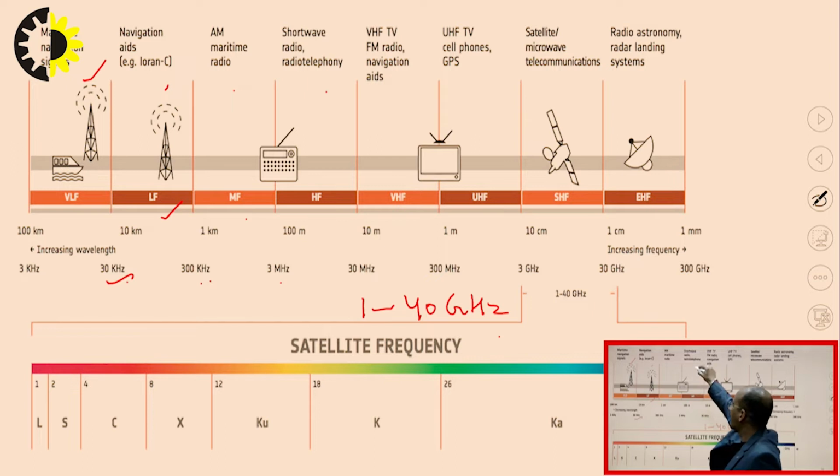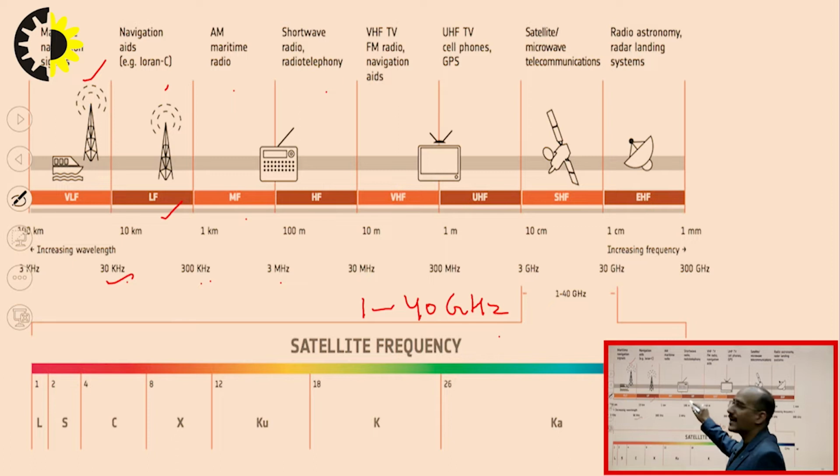For shortwave communication, the 3 megahertz to 30 megahertz range of high frequency signals is used. Then VHF and UHF, very high frequency and ultra high frequency, are used for FM radio, navigation aids, cell phones and GPS, and the range lies between 30 megahertz to 3 gigahertz.